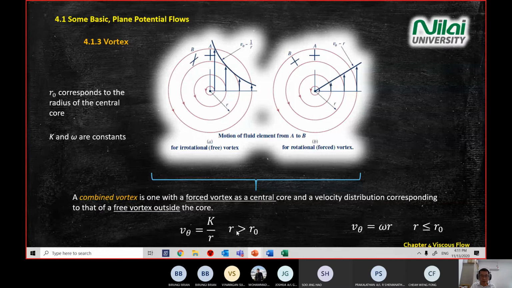If your R is more than R0, you use the one on the left. If your area of interest is inner, less than R0, you will use omega times R. So you need to be careful on the R value that you use.